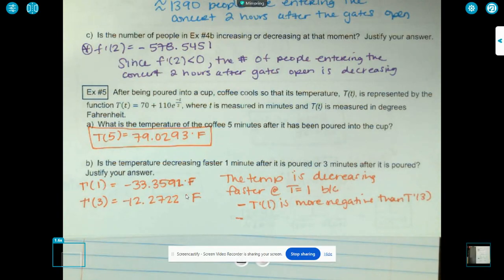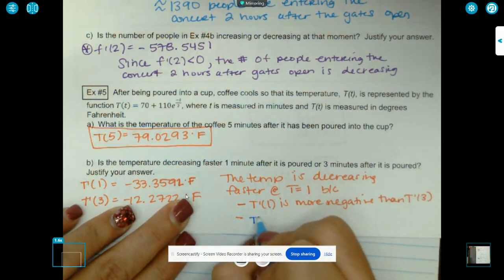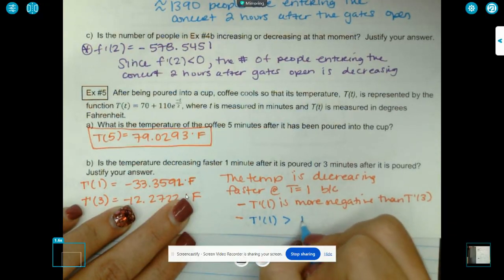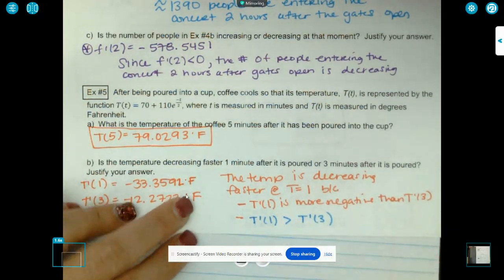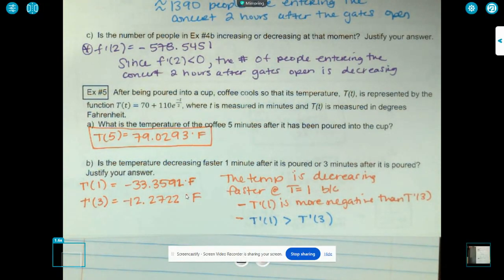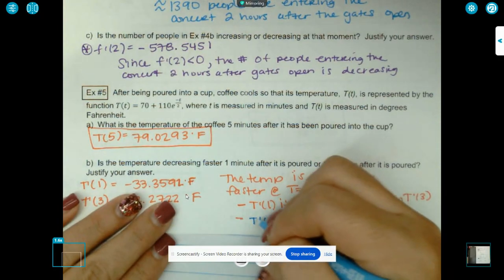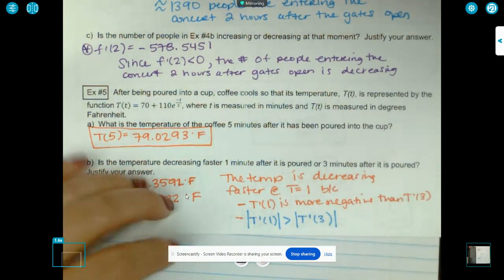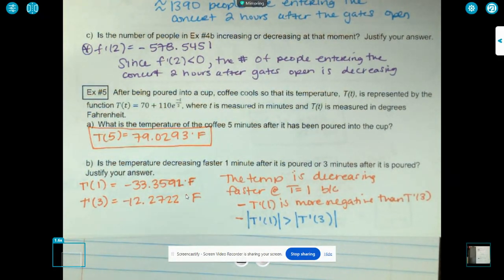Does that make sense? Is everybody with me? So is T prime of 1 greater than T prime of 3? No, but how can I make it so? Absolute value, perfect. The absolute value of those does make that correct because the rate itself is greater.